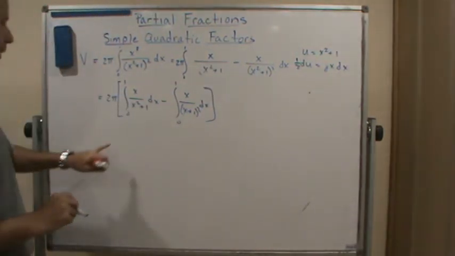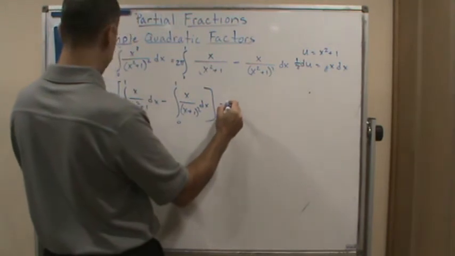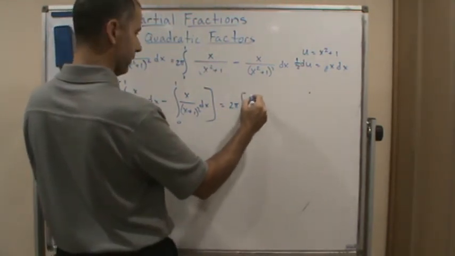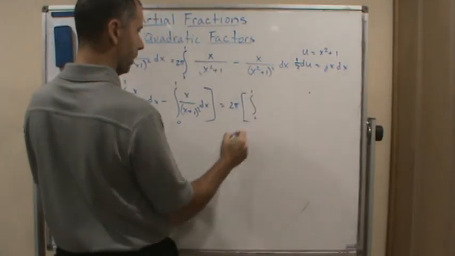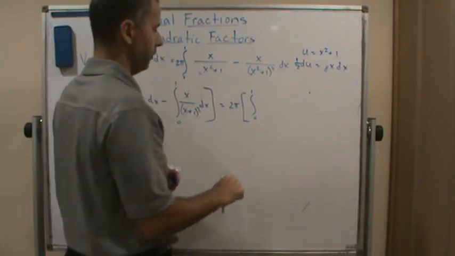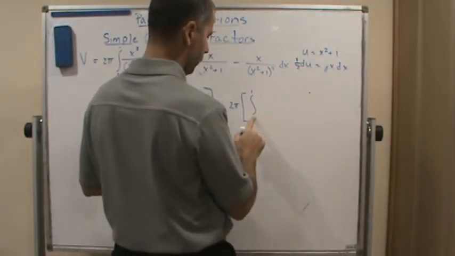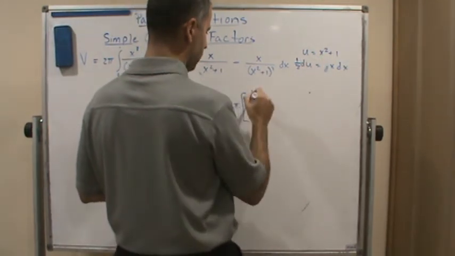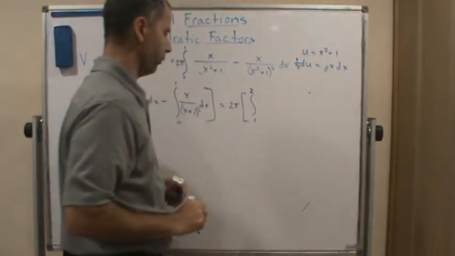Okay, so now with our u substitution, this is going to be 2 pi, and this is going to be the integral from 0 to 1. Oh, let's change our limits of integration too. So when x is 0, u is 1. And when x is 1, u is 2. So we're going to go from 1 to 2.